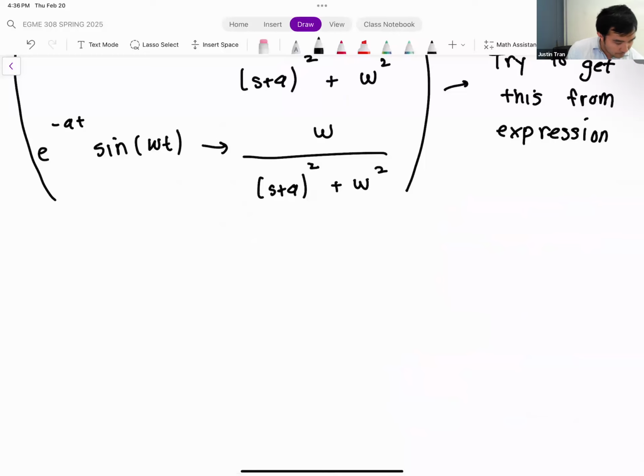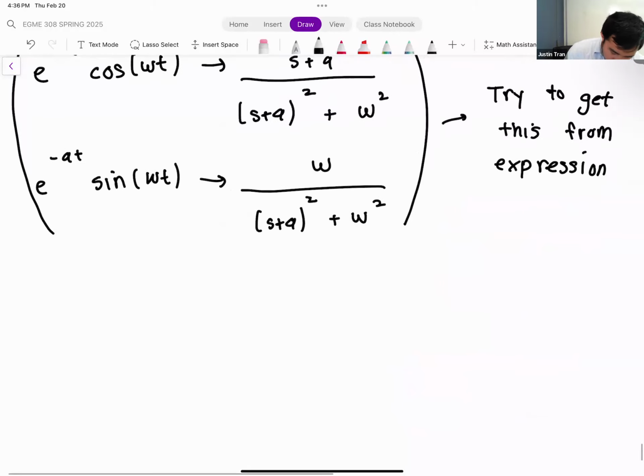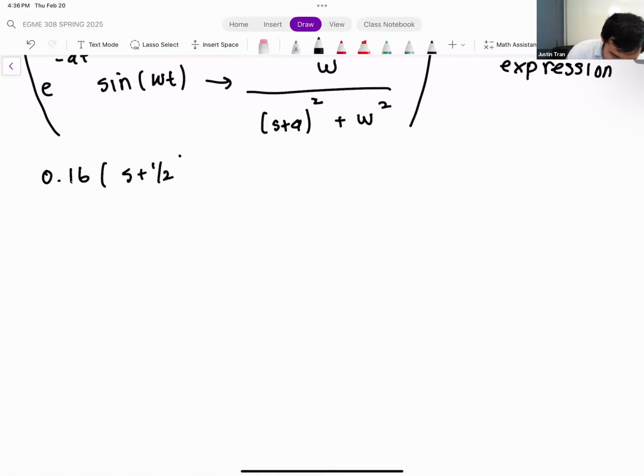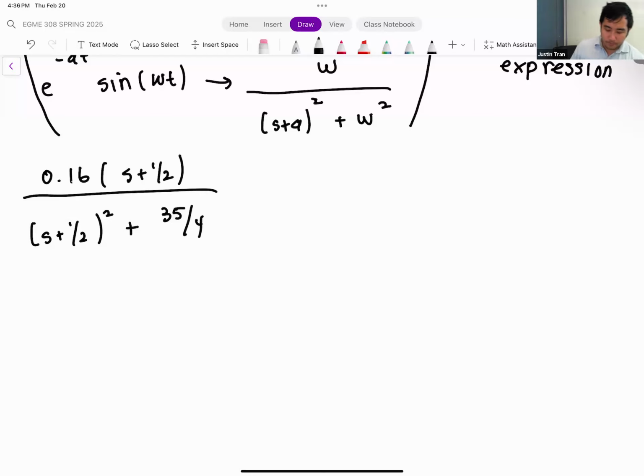So if we do that, we get 0.16 multiplied by s plus 1/2 divided by s plus 1/2 quantity squared plus 35/4. And then in order to make this compatible with the previous one, we need to add another 1/2 as well.